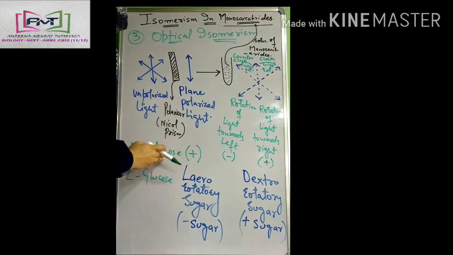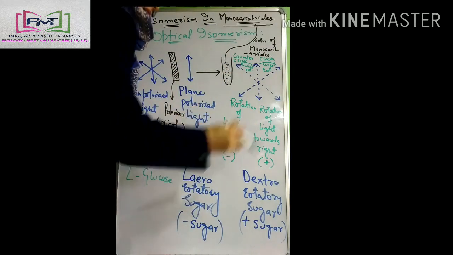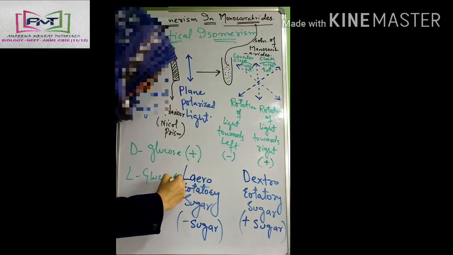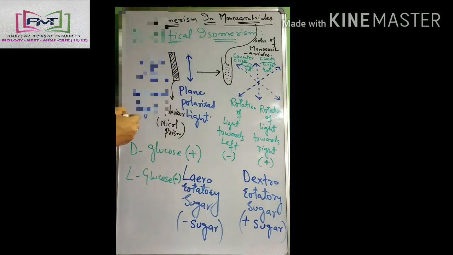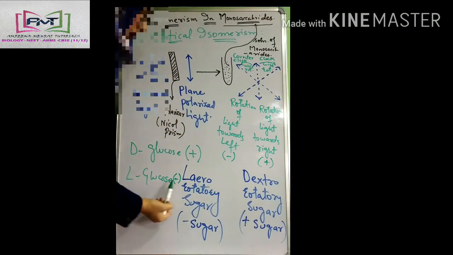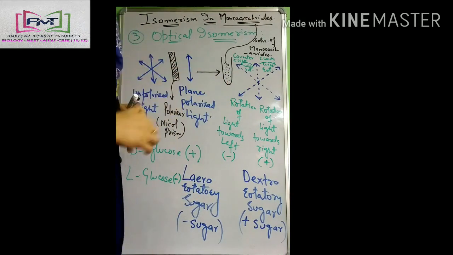Now, is it possible that D-glucose will be levorotatory? No. It's a mirror image. That means L-glucose will always be levorotatory. That means this isomer L-glucose will rotate light towards left. This is the best trick you have to understand.